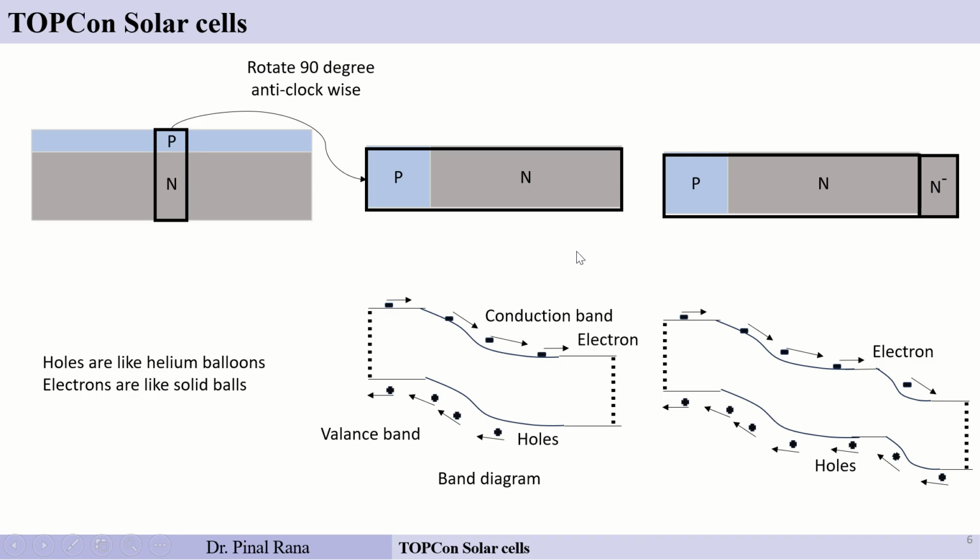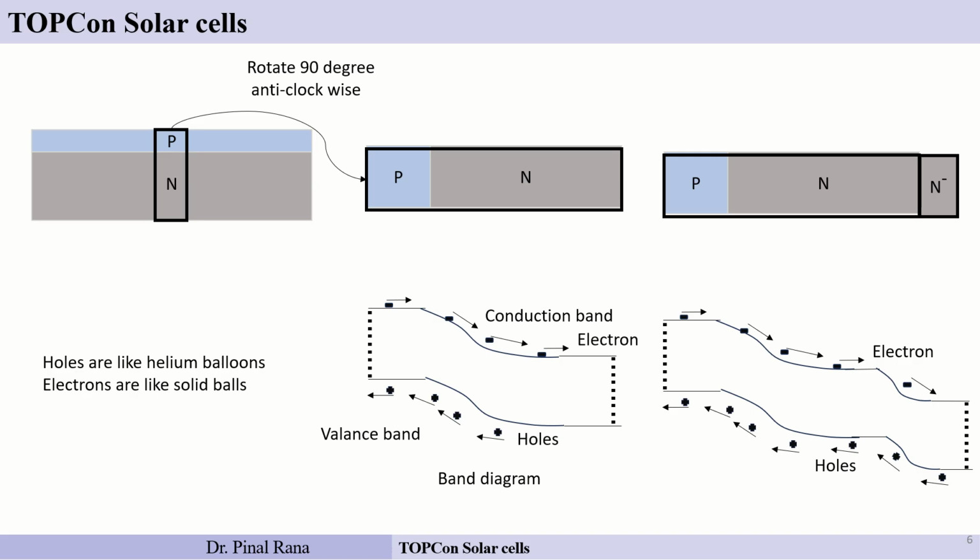Now in the TOPCon solar cell, at the rear side we are depositing a tunneling oxide layer of silicon oxide. On top of that we add a polycrystalline silicon layer. So why are we adding a polycrystalline silicon layer at the rear side?